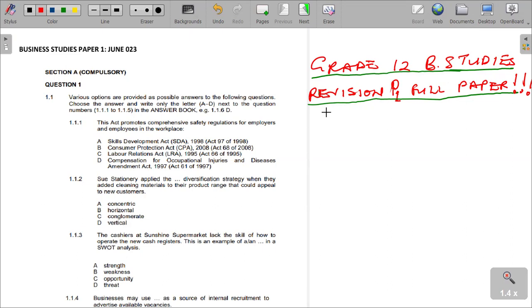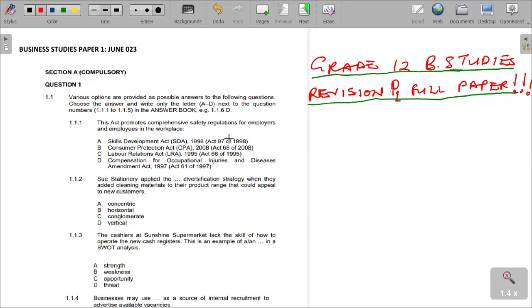So today we are going to run the full paper. This full paper is going to be all done, and everything is going to be given and explained. Without wasting our time, I welcome you again.